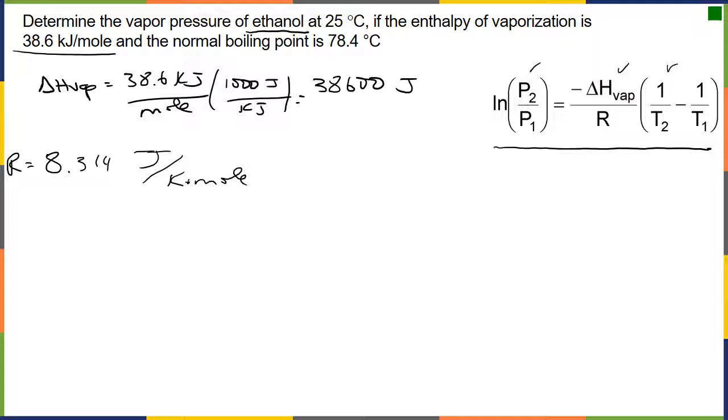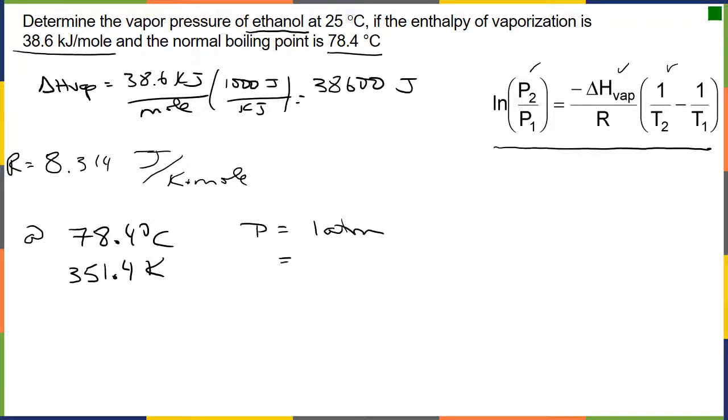We also know the normal boiling point is 78.4 degrees Celsius. Our temperatures have to be in Kelvin, so this is equivalent to 351.4 kelvins. At this temperature, our pressure is equal to 1 atm. We don't have to use atm, we can use 760 torr if that's what we prefer.